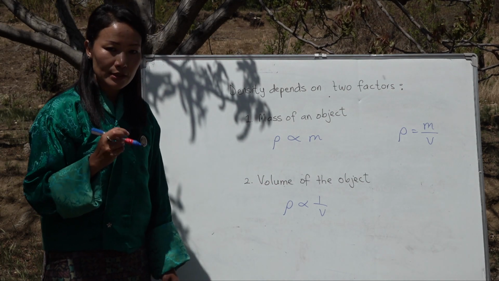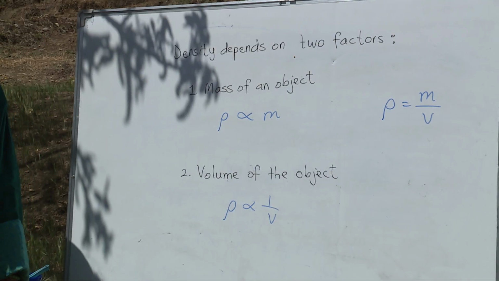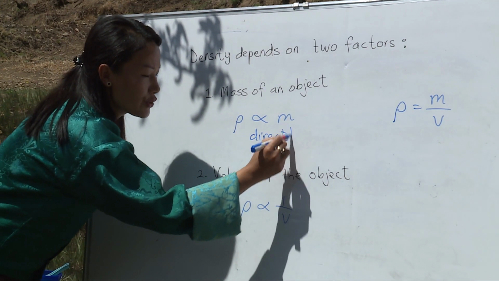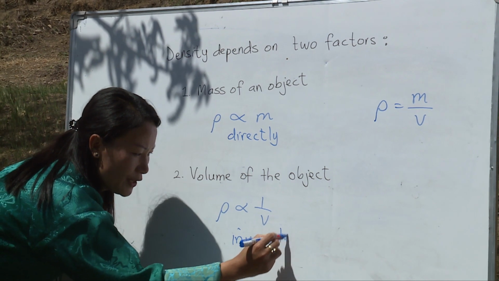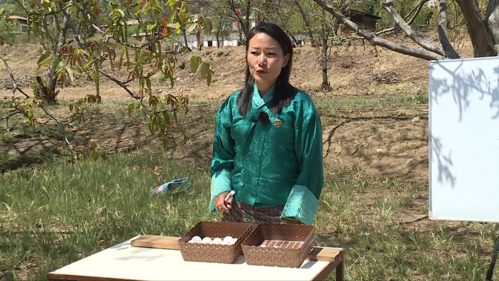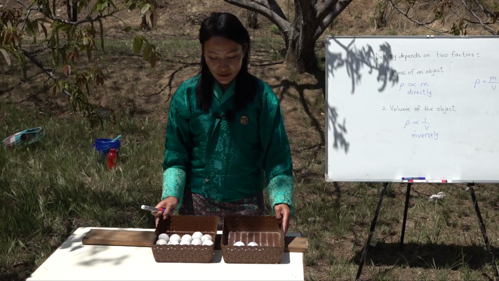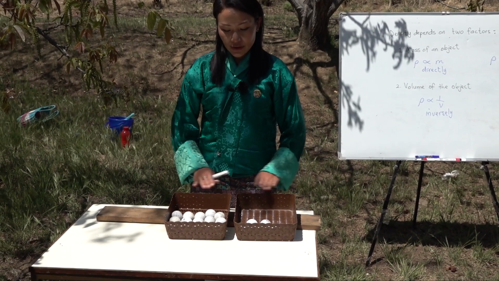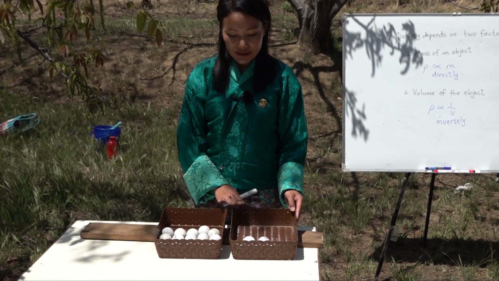Now in the next segment, I'll explain to you what it means by directly proportional and inversely proportional. Density is directly proportional to mass of an object. So what does that mean? Again, take identical baskets. So here we're assuming that the volume of these two baskets is the same.